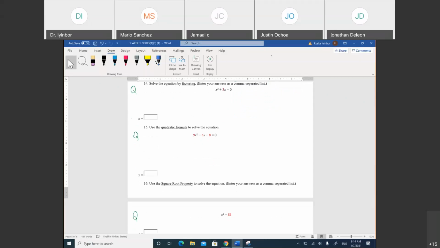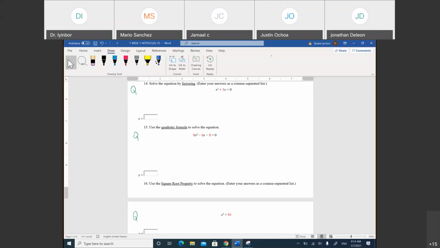And I'm going to show you there are technically 4 different methods of solving. One of them is using the quadratic formula, which works always. That's what I'm going to show you. Another method is the factoring method, but not all equations are factorable, so you can use that method only for some equations. Then we have the square root property, and this is also for only some types of equations.